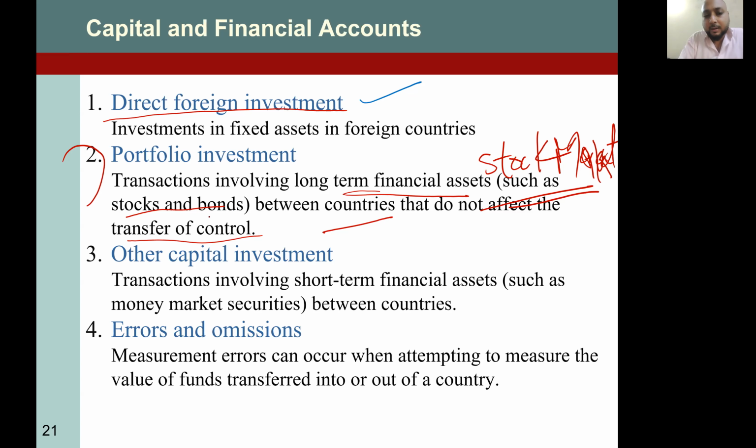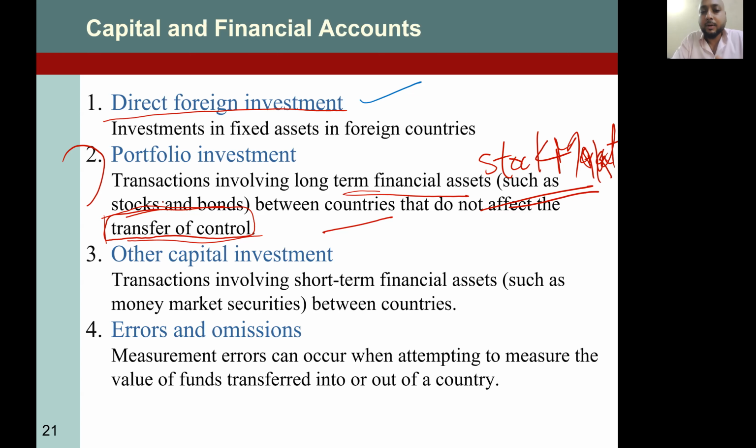So here, what is transfer of control? In some countries, they banned foreign investors from investing in the stock exchange. Like some years ago, China banned foreign investors from investing in Chinese companies. They cannot purchase Chinese company stock.